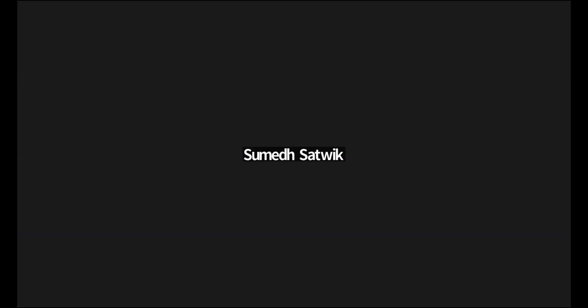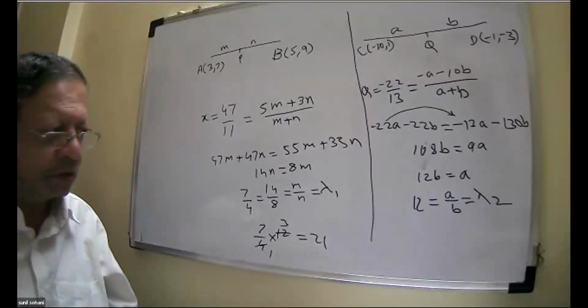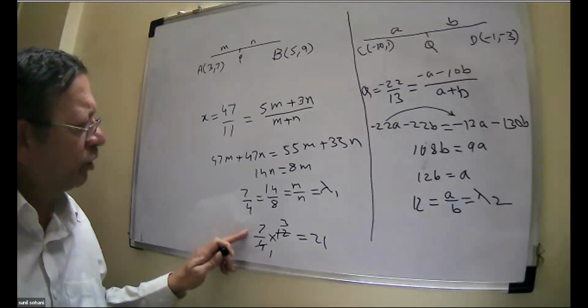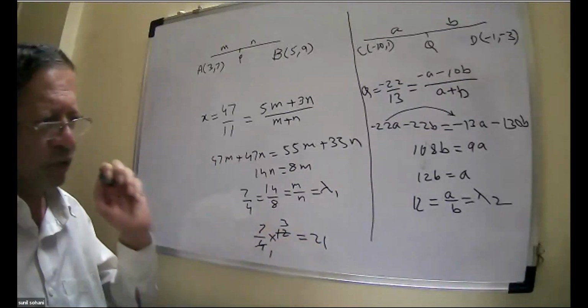Can you hear me now? Yes. Okay, so lambda 1 into lambda 2 is 7 upon 4 into 12, which is 21.